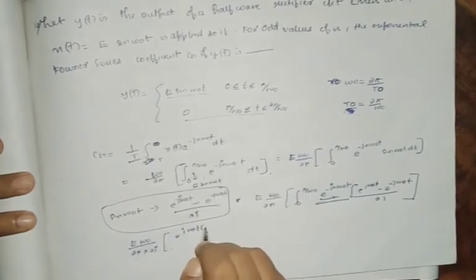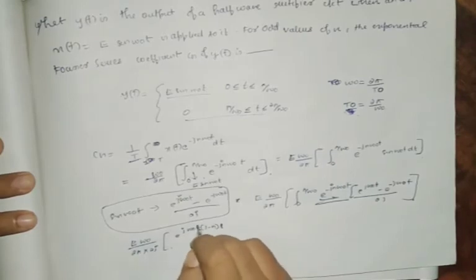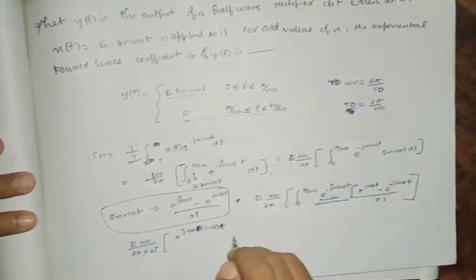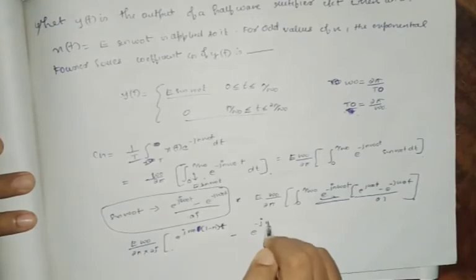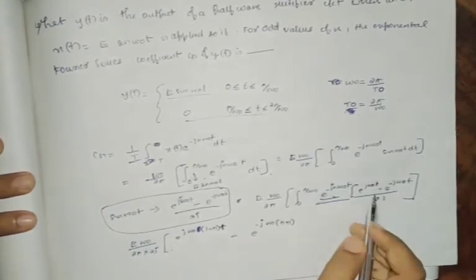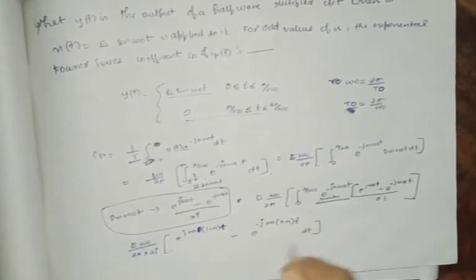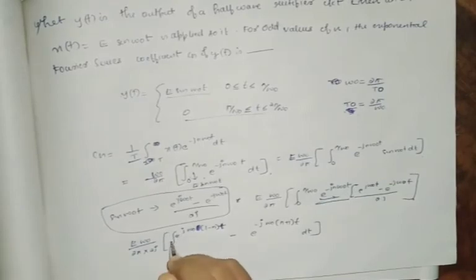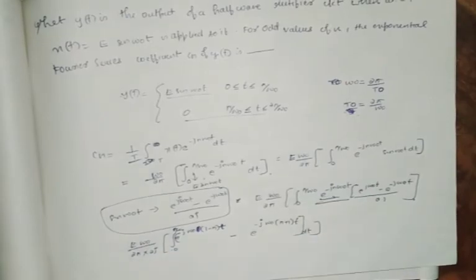That means 1 minus n, I'll write t here, minus e raised to minus j omega 0 n plus 1 t into dt, integral 0 to pi by omega 0.